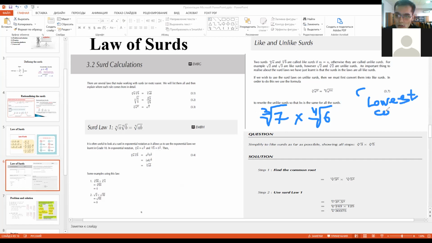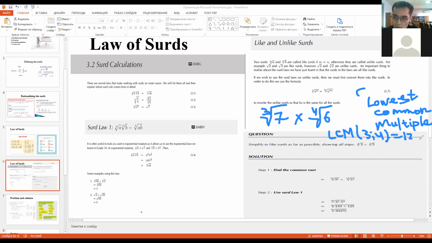Lowest common multiple. By using the prime factorization, you can find the lowest common multiple, if you can remember. So the lowest common multiple for 3 and 4, for example, LCM for 3 and 4 is equal to 12.